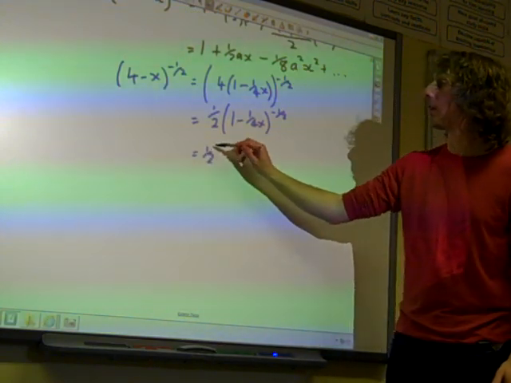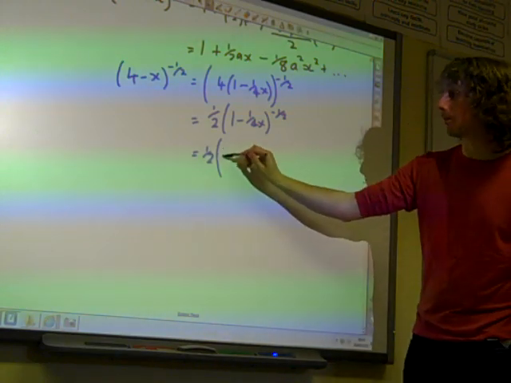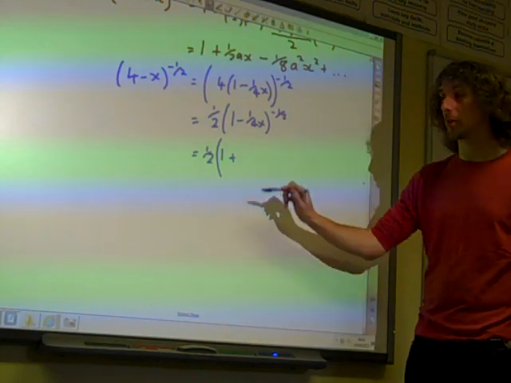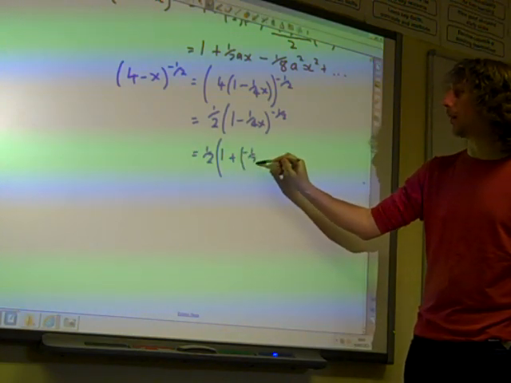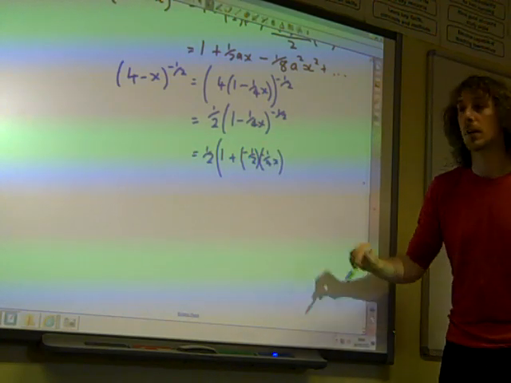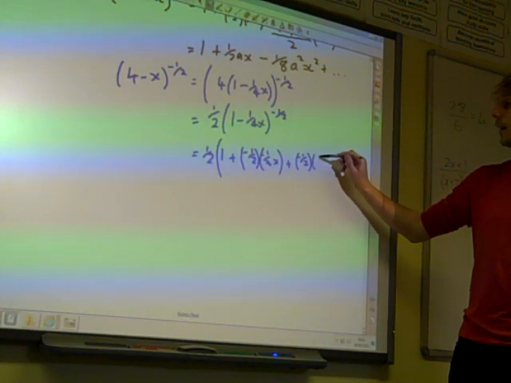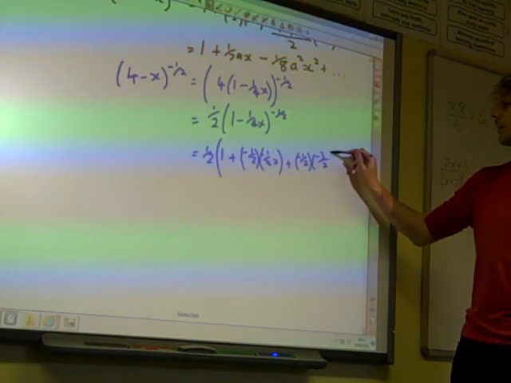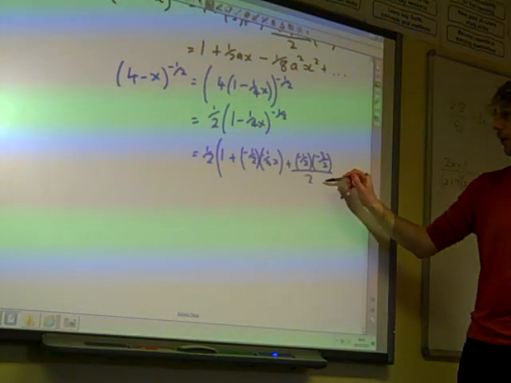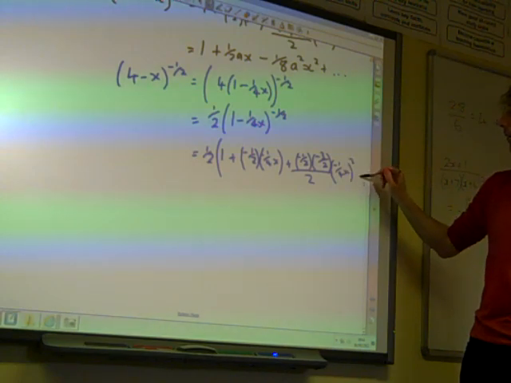This is a half of 1 plus n times x. So n is minus a half times x, which is minus a quarter of x, plus n times n minus 1. Take away 1 from minus a half and get minus 3 over 2, divided by 2 times minus a quarter x squared.